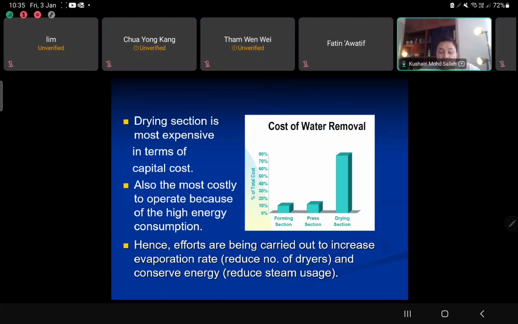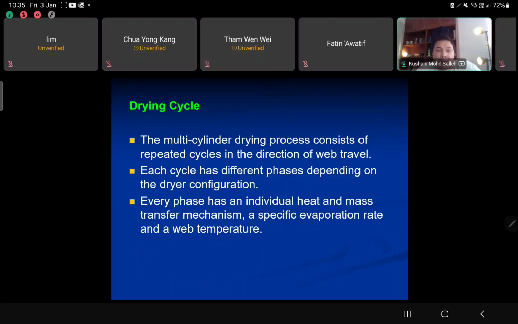steam usage. Now we move forward with the drying cycle. The multi-cylinder drying process consists of repeated cycles in the direction of web travel. Each cycle has different phases depending on the dryer configuration. Typically, they will have 4 phases.